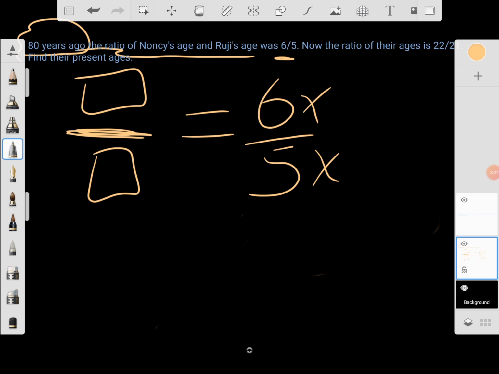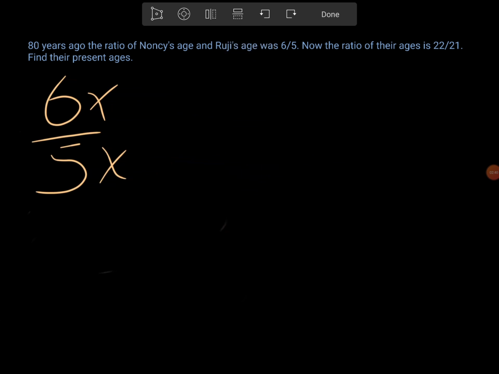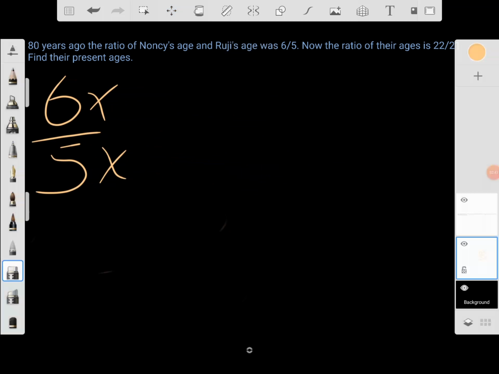Now, what else does the question say? The question says that this was 80 years ago. So 80 years ago, this was the condition. Now what else does the question say?